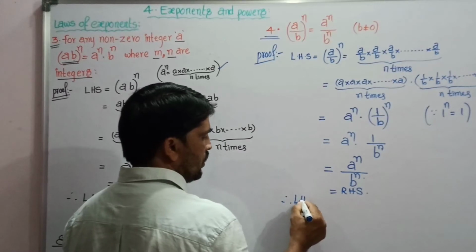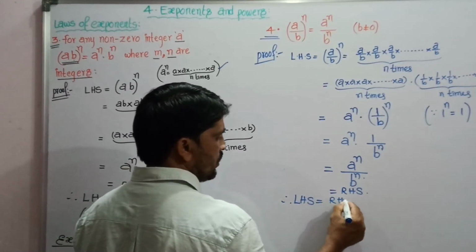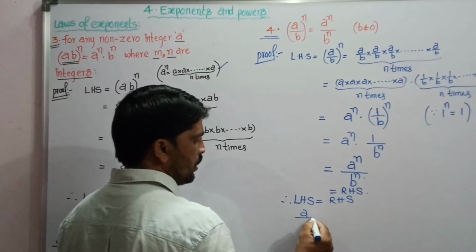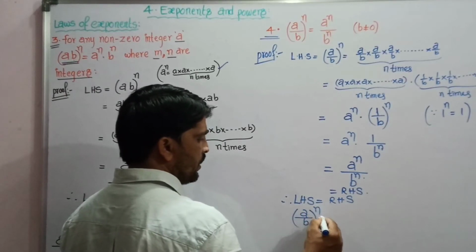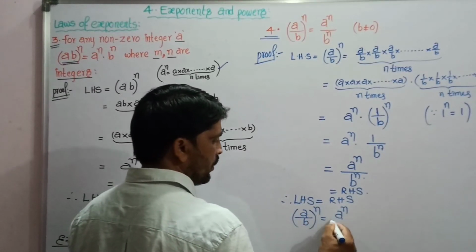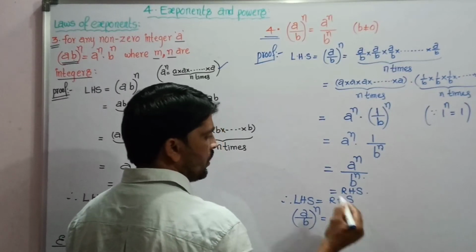Therefore, LHS equals RHS. That is, (a/b)^n = a^n / b^n.